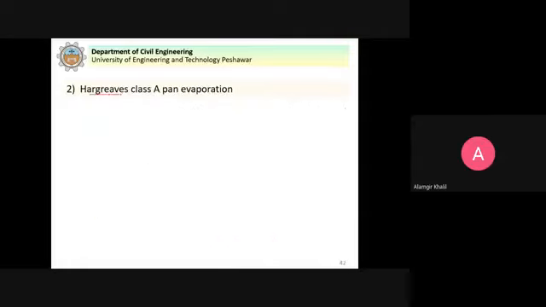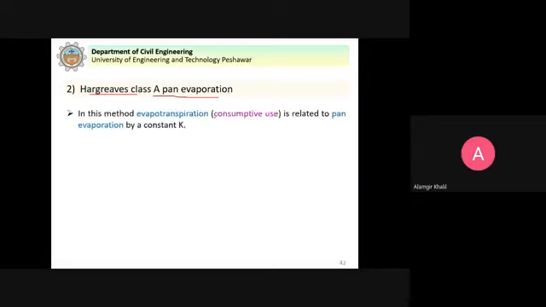The second method is Hargreaves class A pan evaporation.